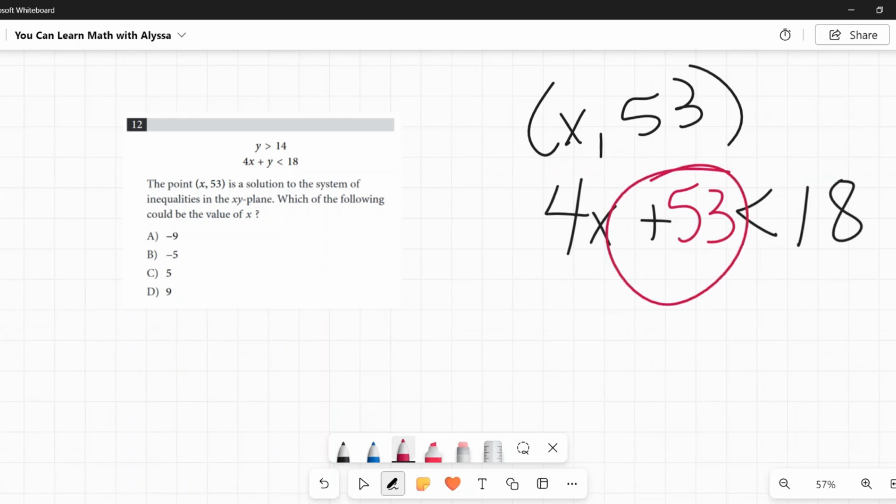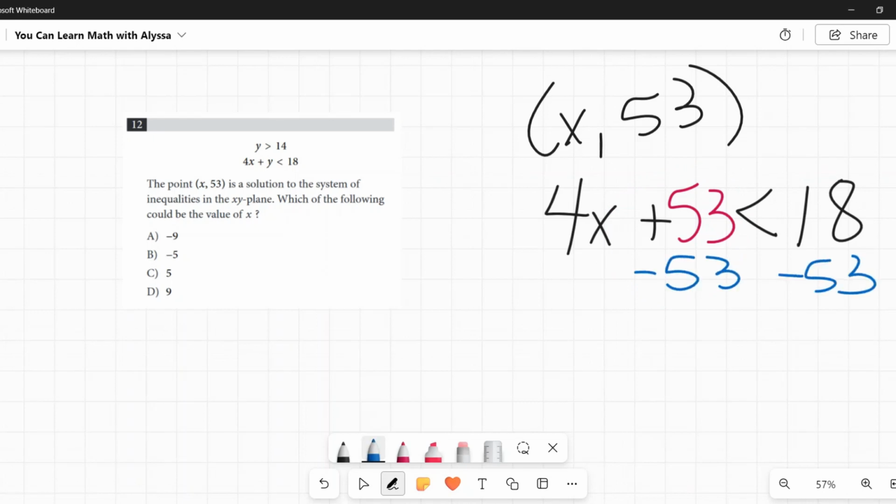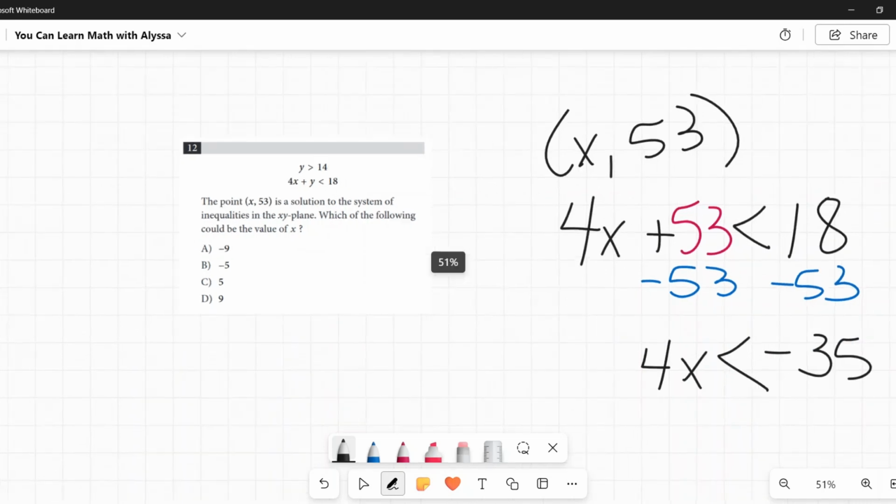So I'm adding 53. I want to undo that. I want to subtract 53 from both sides. And I'm going to get 4x on the left, and 18 minus 53 is negative 35. So I have now 4x is less than negative 35.